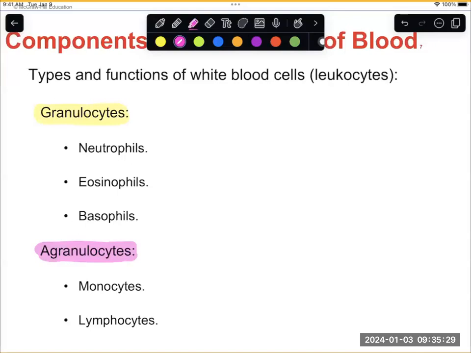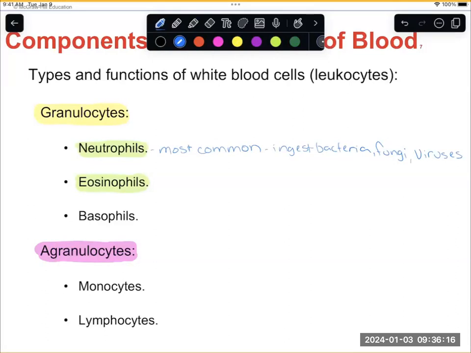So in our granulocytes, we have neutrophils. A neutrophil is the most common. They're going to ingest bacteria, fungi, and some viruses. We have eosinophils.